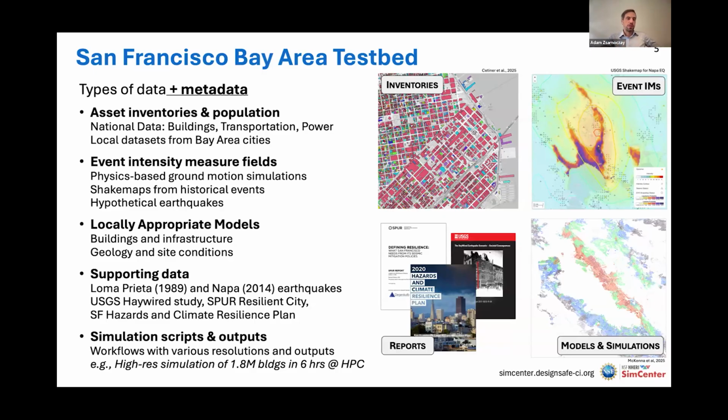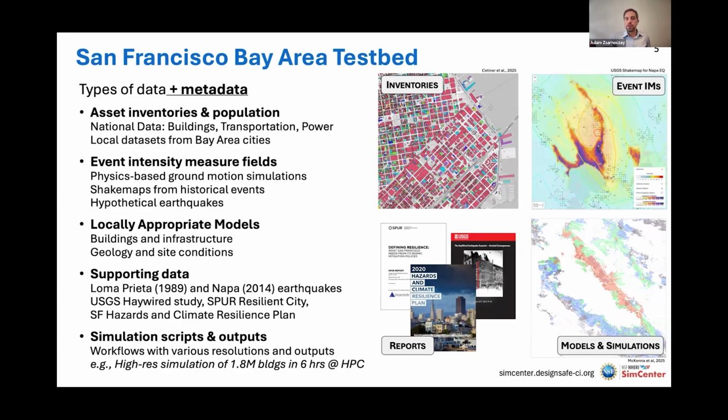And of course, these testbeds are not just data repositories. Models and simulations are an important part. So we imagine that researchers and SimCenter would also share the scripts, the inputs and the outputs for those simulations so that others can reproduce and build on top of them. And just an example of what is possible, just in the last 2 weeks, we ran high-resolution simulations for the 2 million buildings in the Bay Area.